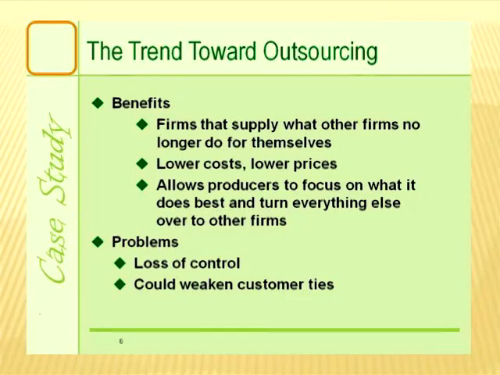It lowers cost and it lowers prices, and it allows the producers to focus on what they do best. Your strong suit may be in the design of the computer, or the marketing of the computer, or the distribution of the computer, rather than in the manufacture of the chipset. The problem with that, however, is that it leads to loss of control in terms of the quality, and ultimately it could weaken your customer ties.